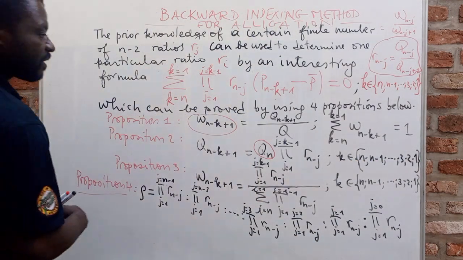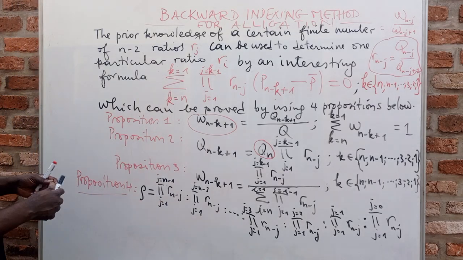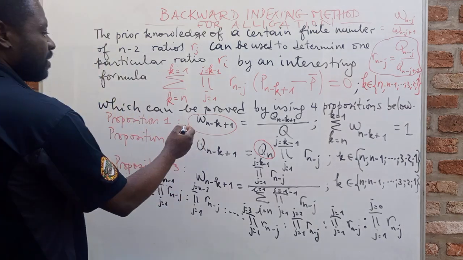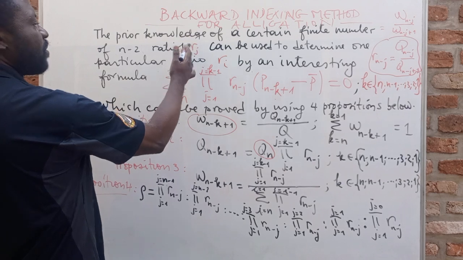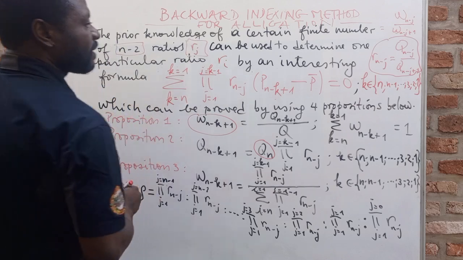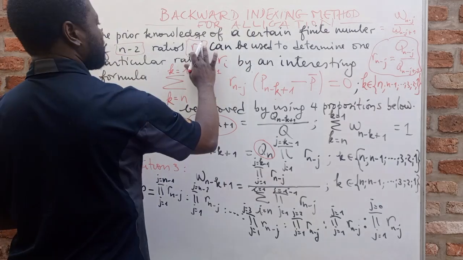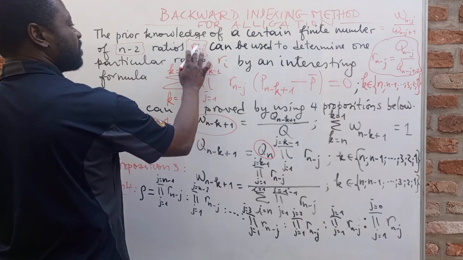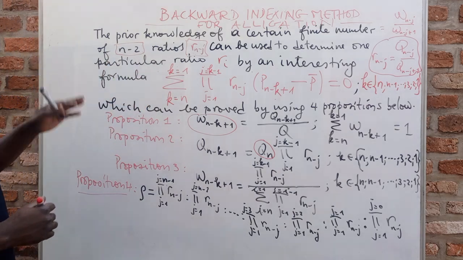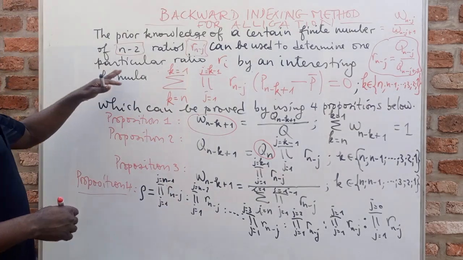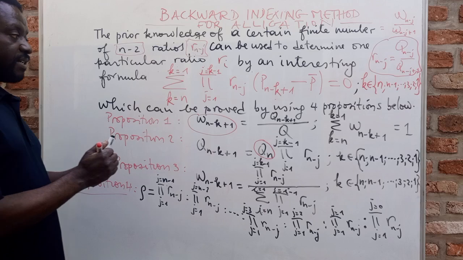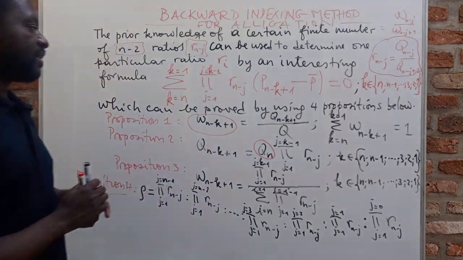Okay, so now let us read quickly these propositions. Here, if we know at least n minus 2 ratios, Rj, here we said Rj, we can say n minus j, no problem, and we don't know any one of those ratios, n minus 1 ratios, we can use this interesting formula, this formula here, in order to find the particular ratio.